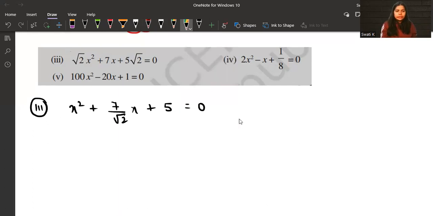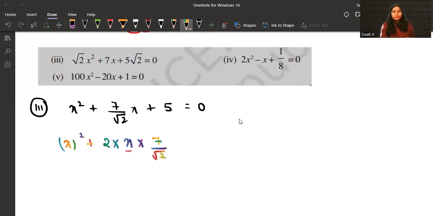Yes, so we can write this as a squared plus 2ab. That means 2 into a is x into b. Now here we want 7 upon root 2 x, but here only x is there. We want 7 upon root 2 in some way. So 7 upon root 2, just add it.